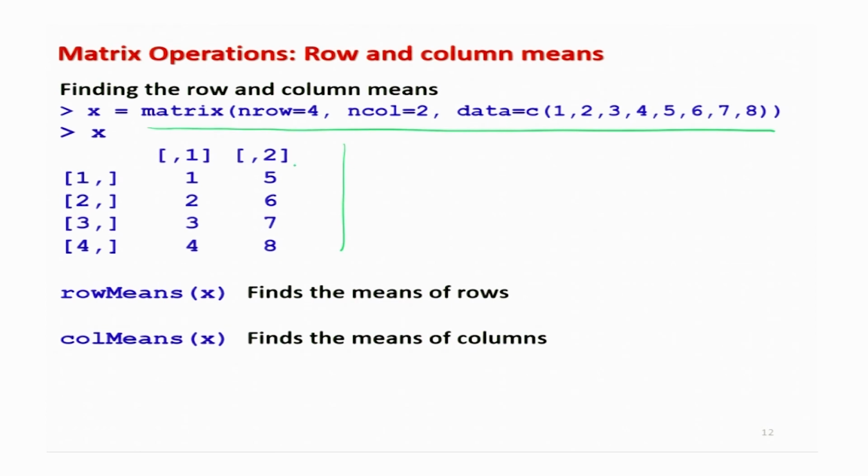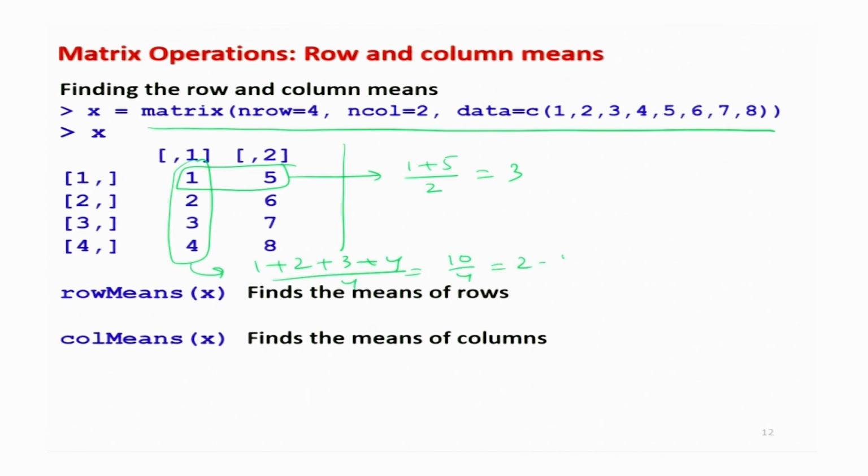For example, in the first row, I have the values here 1 plus 5. So, the arithmetic mean will be here 1 plus 5 divided by 2, which is here 3, and similarly the sum of the values in the first column, 1 plus 2 plus 3 plus 4 divided by 4, which will be equal to here 10 upon 4, equal to 2.5, right.